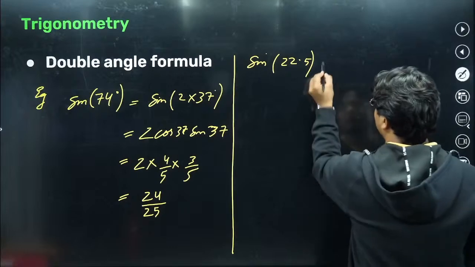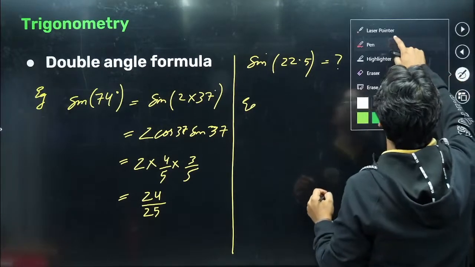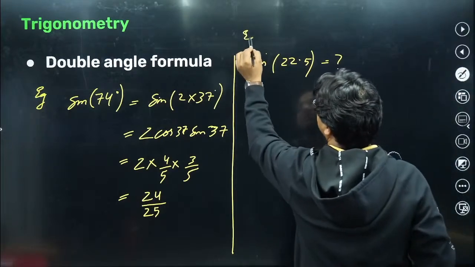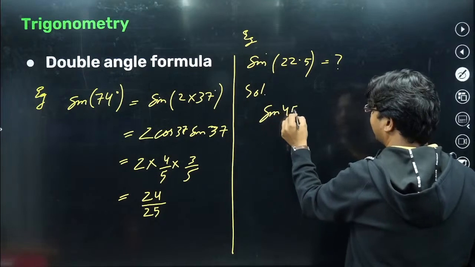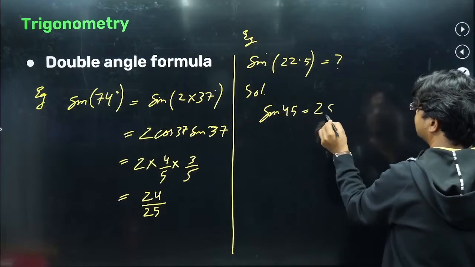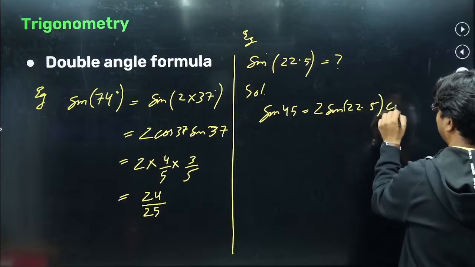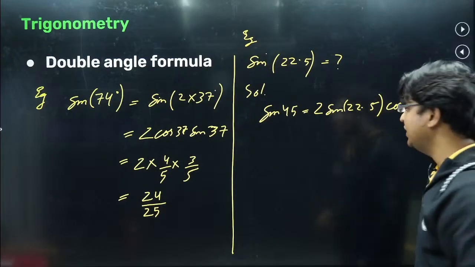So to solve this, see this carefully. This is an example. I will write sine 45 is 2 times sine 22.5 into cos 22.5. This is what we can write.